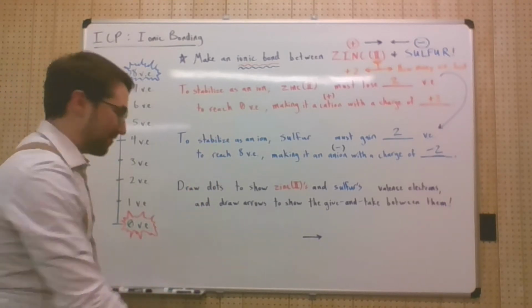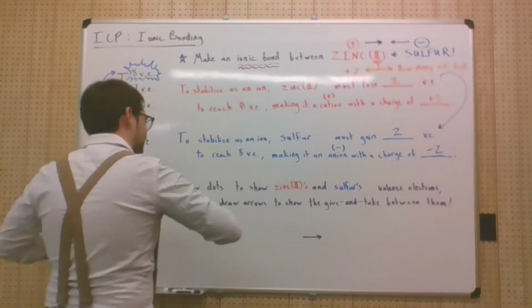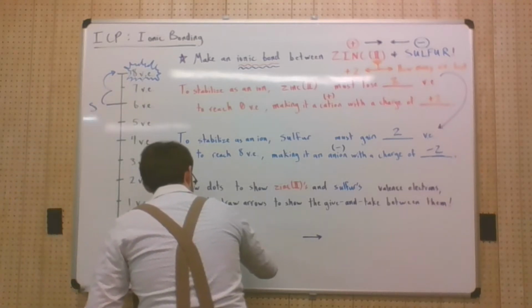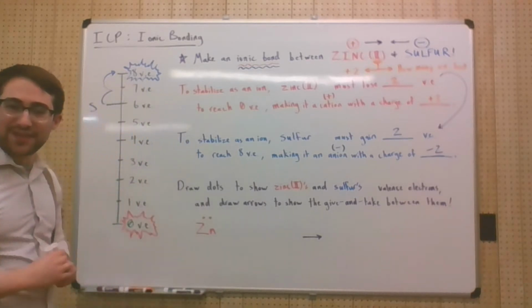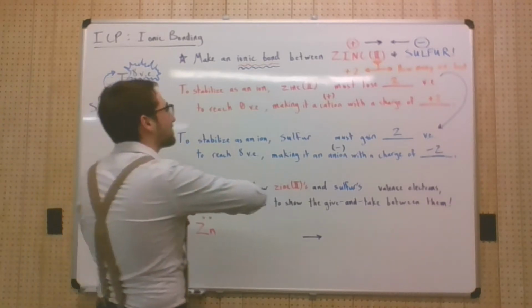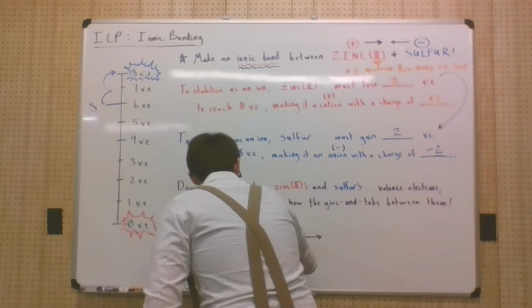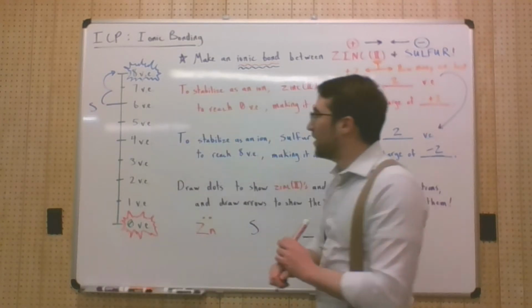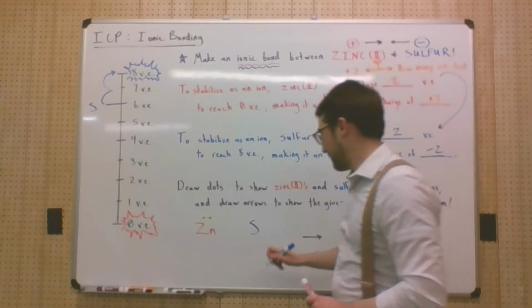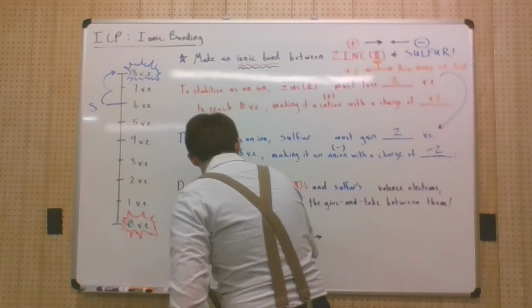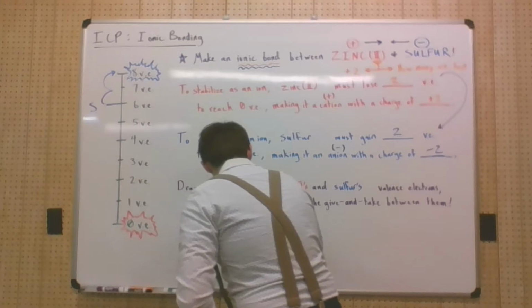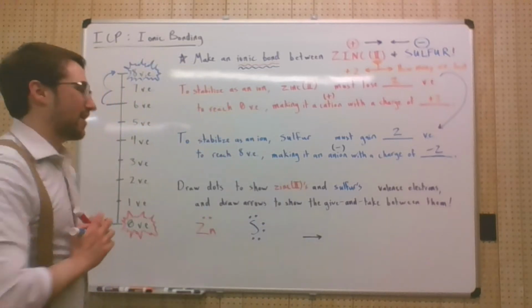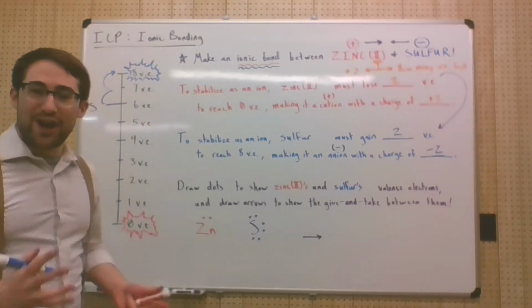So let's draw it out. So our zinc has 2 valence electrons. Sulfur starts with 6 valence electrons. Okay, so we want to make this work out for everyone.